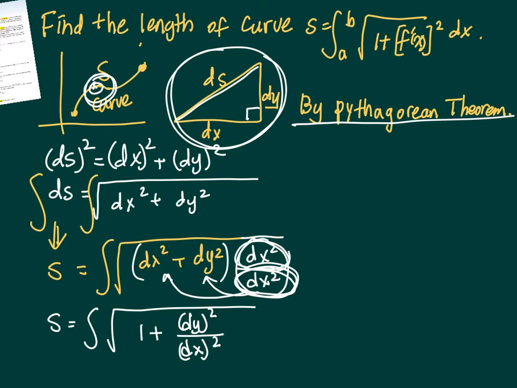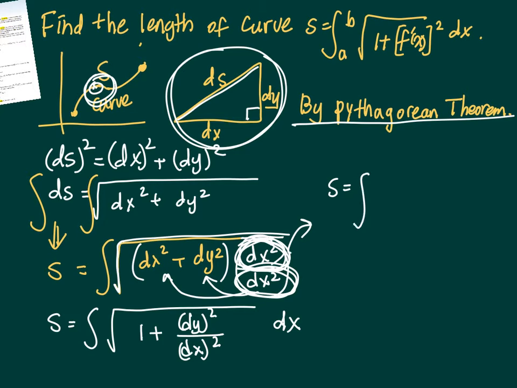But the dx squared on the top, let's take out of the square root, so we only get one dx, since that one was inside the square root. Okay, now we have all of that, so let's simplify a little bit.